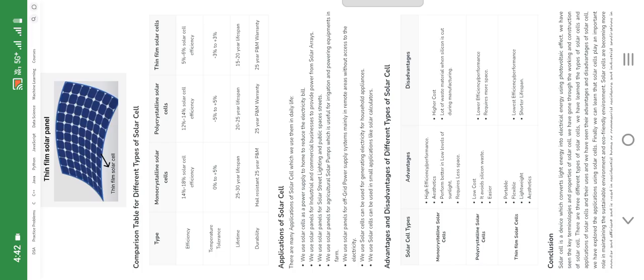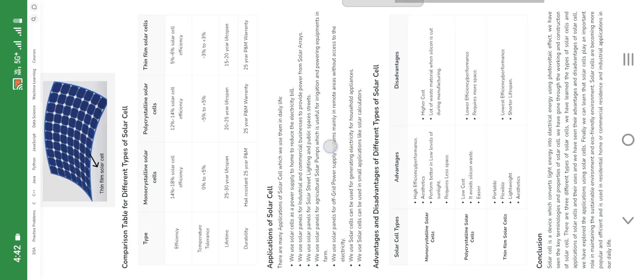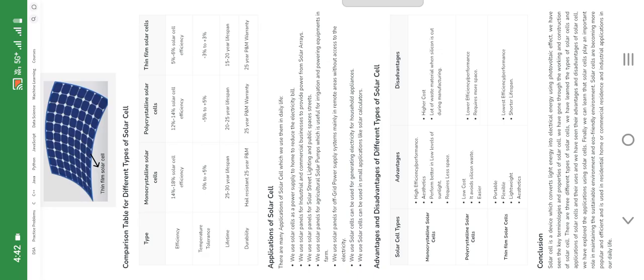Moreover, when we compare temperature tolerance, it is 0 to 5 percent in monocrystalline solar cells, -5 to +5 in polycrystalline solar cells, and -3 to +3 percent in thin film solar cells.